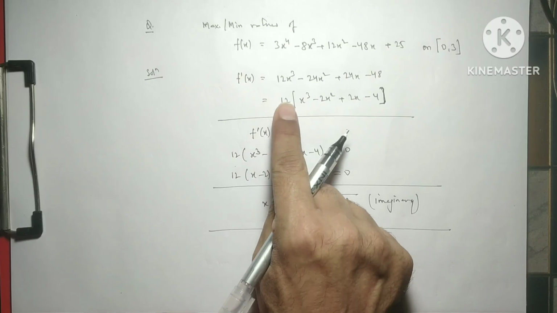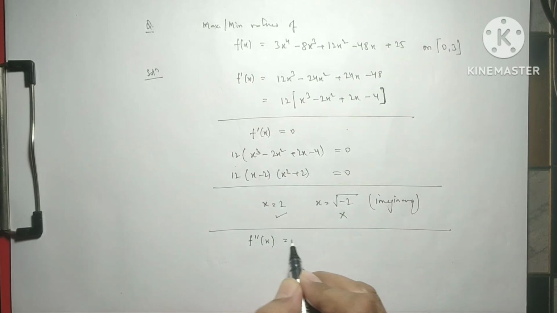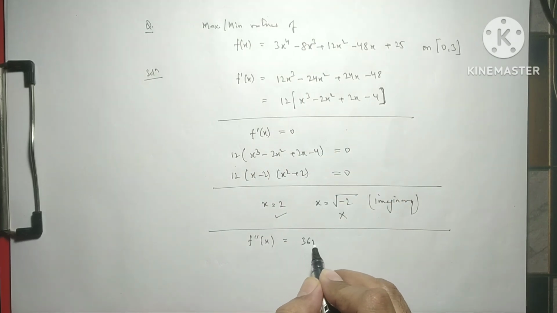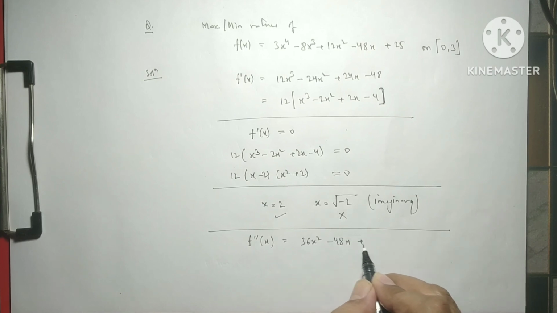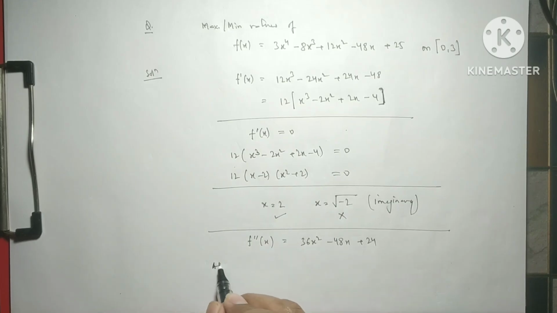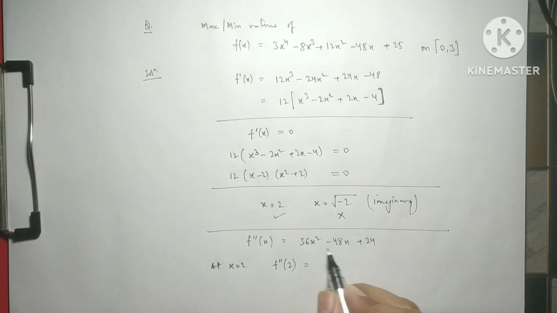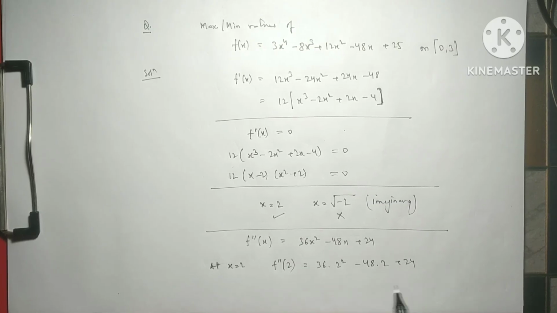now we will collect the second derivative f double dash x. So on differentiating again we get 36x^2 - 48x + 24, and when we put x equals to 2, then f double dash 2 is 36 into 2^2 - 48 into 2 + 24.